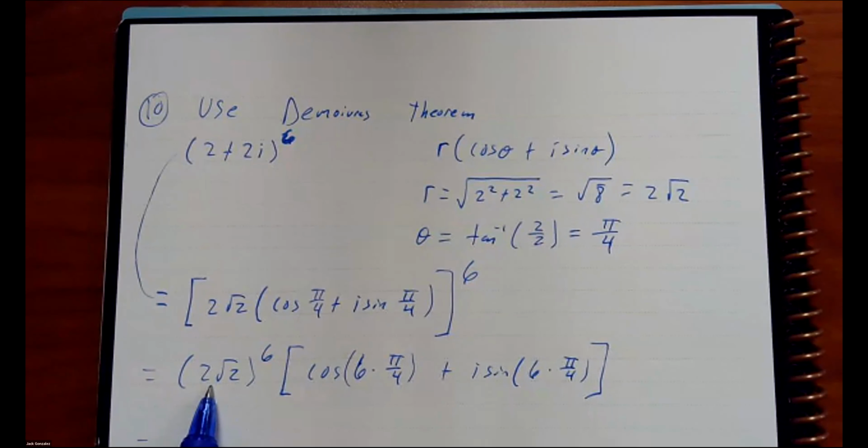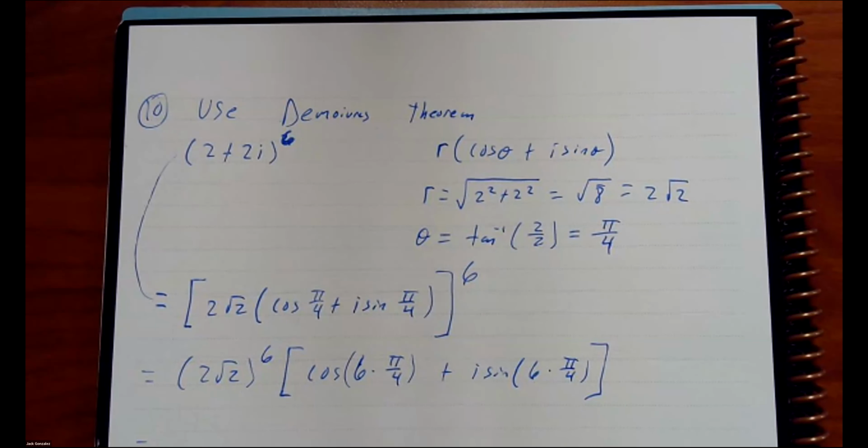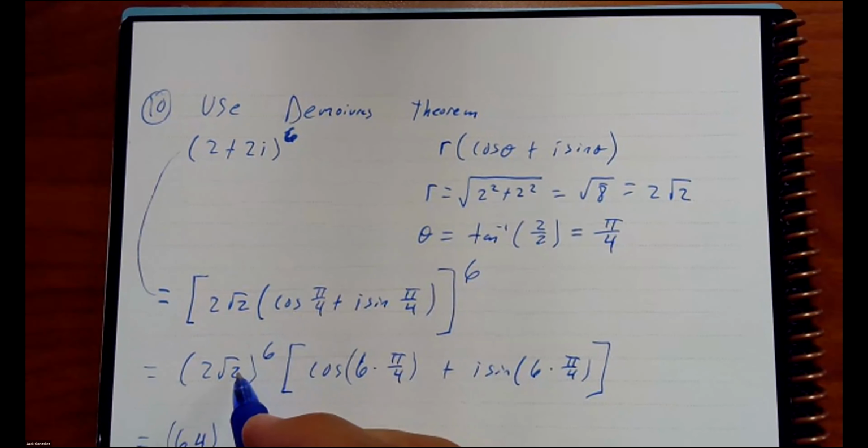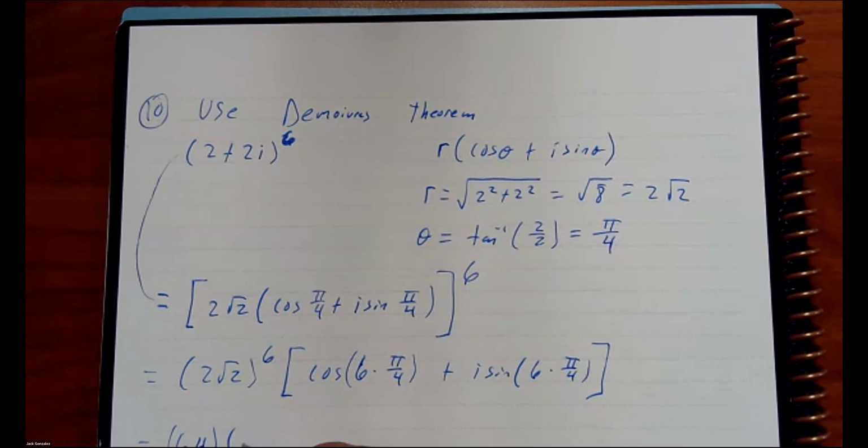2 to the 6, what is that? This will be 64. Root 2 to the 6 will be root 2 times root 2, which is 2, and again, 4, again, 8.